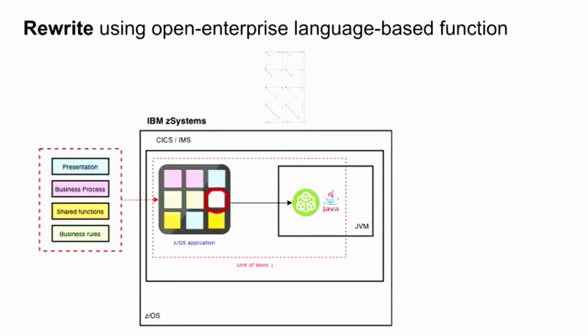So customers are able to take components of their application portfolios, rewrite them in Java, and CICS is a mixed language application server environment. So you can have Java components, COBOL components, assembler components, PL1, C components, all within the same application suite, all within the same CICS task and transactions, sharing the same security and transaction context.